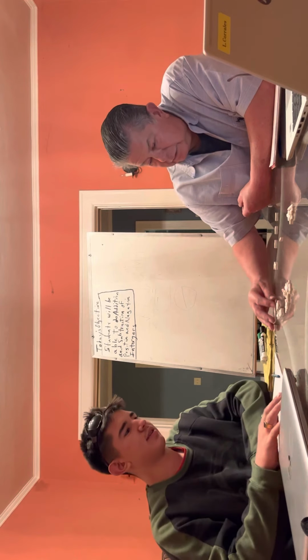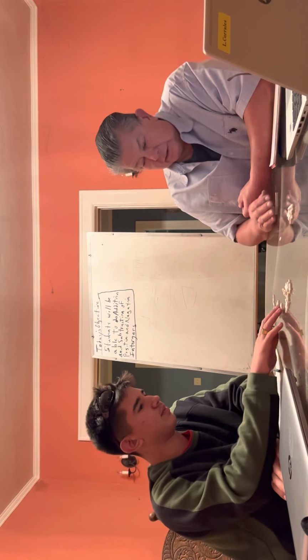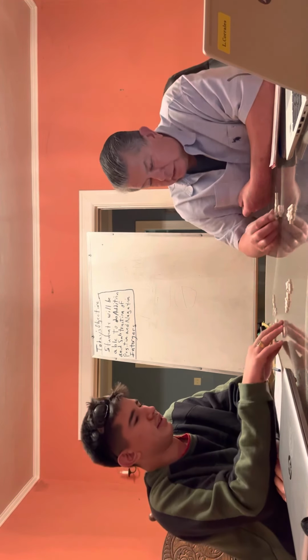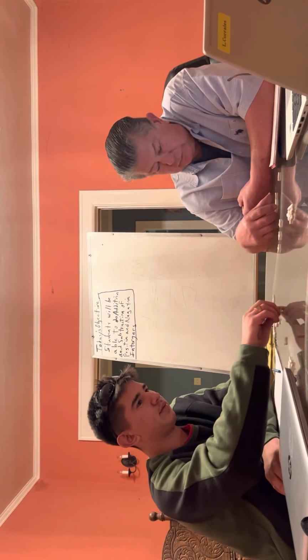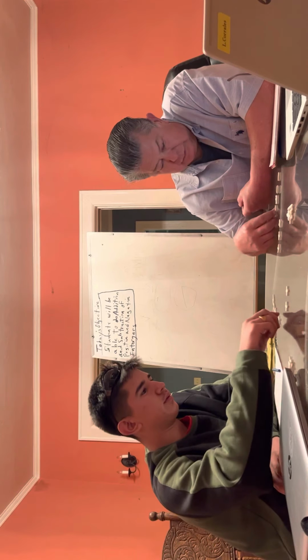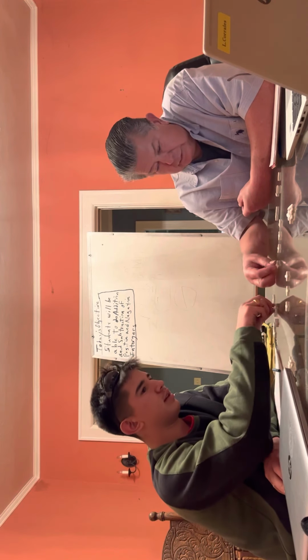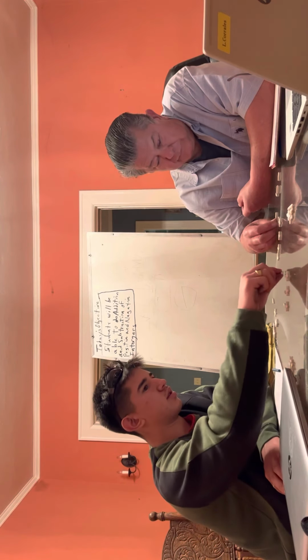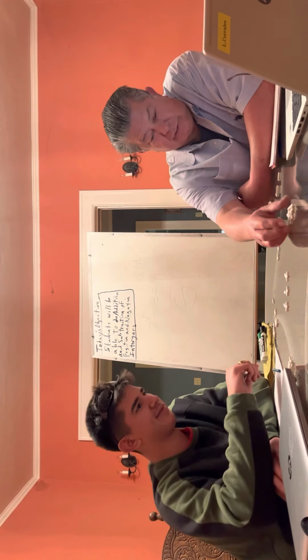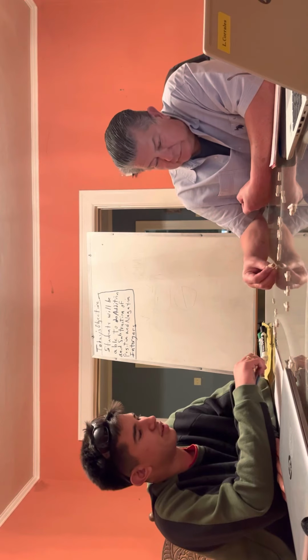How many positives can I use? Whatever you got there, that'll work. That looks like a whole bunch. So whenever we got the universe of nothing, we got a positive and a negative. Yes, Mr. Carlson.